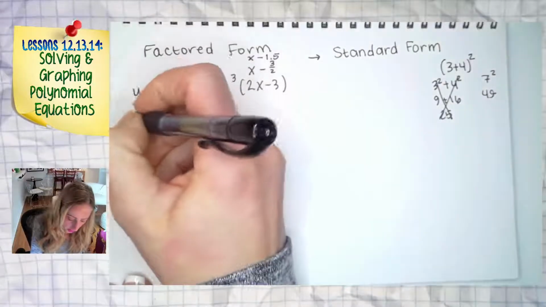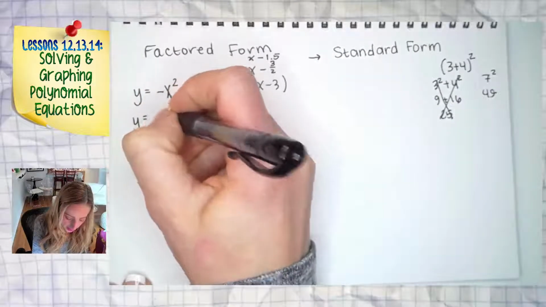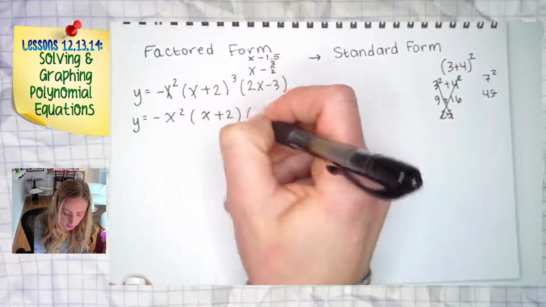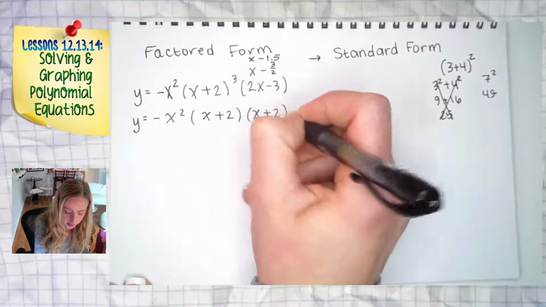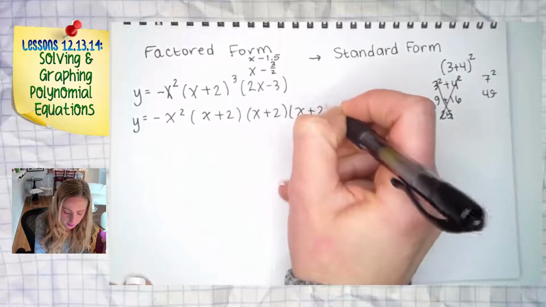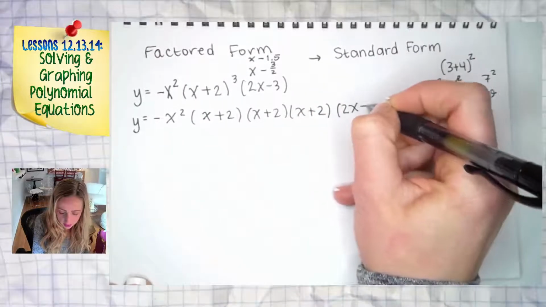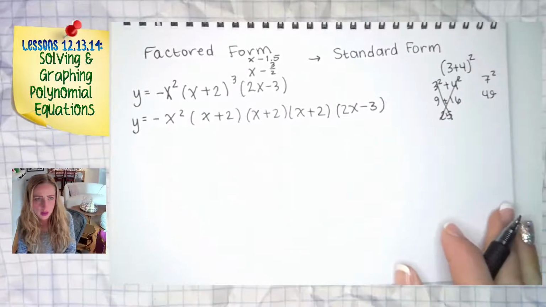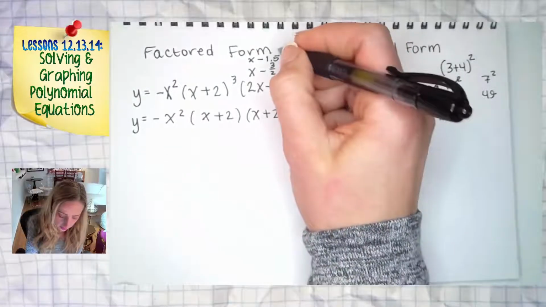So let's start off with what Jackson said. Negative x squared, we're going to leave. X plus 2, I'm going to write it 3 times since it's to the third power. And 2x minus 3 is the only factor like that. So we're on our way from factored form to standard form.